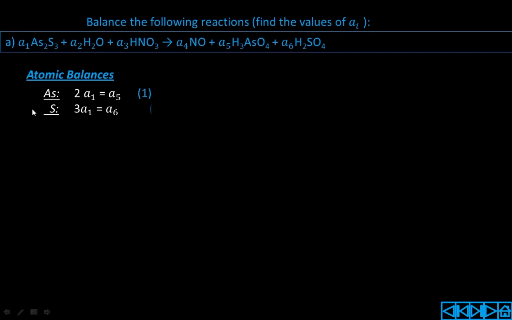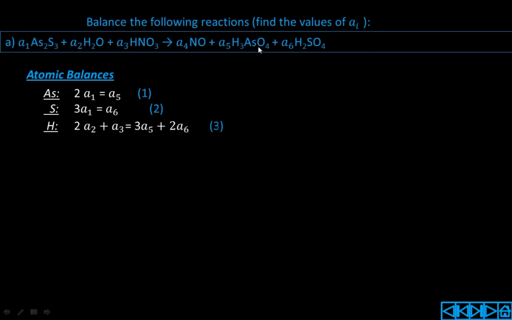Same procedure we follow for the hydrogen atom. We have two atoms of hydrogen for stoichiometric coefficient A2, and we also have one more for stoichiometric coefficient A3.